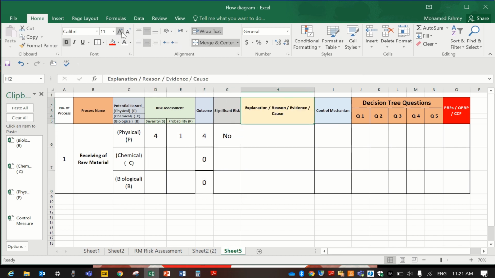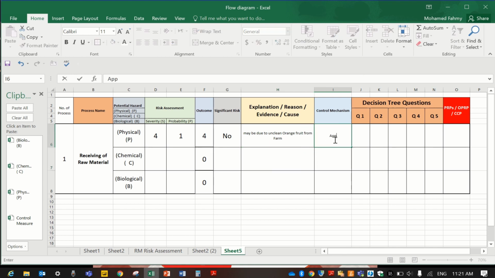Okay, the explanation why it is severity 4 or probability 1, maybe due to unclean orange fruit from the farm during harvesting. The control mechanism will be the approved supplier and visual inspection.